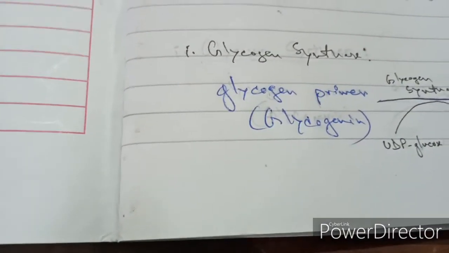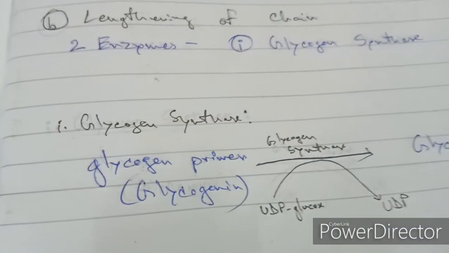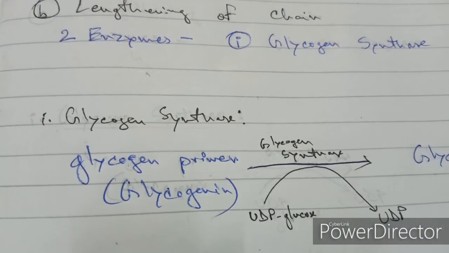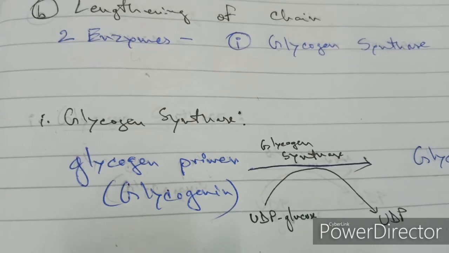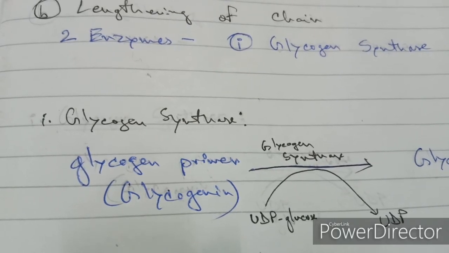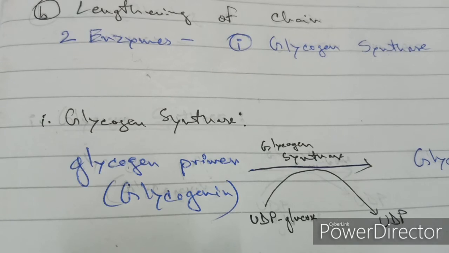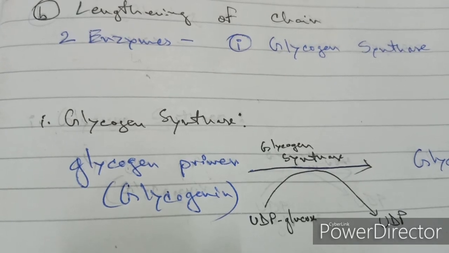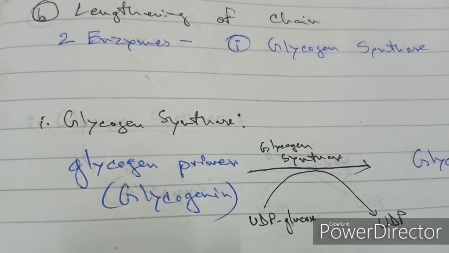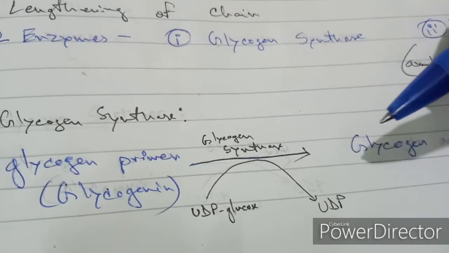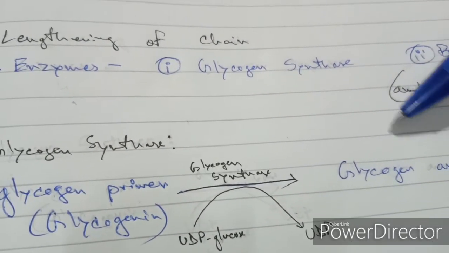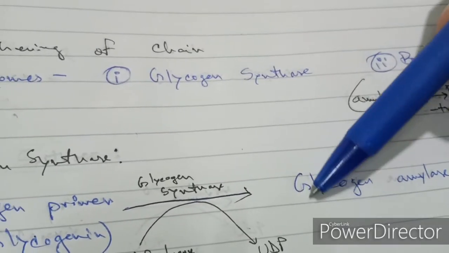Glycogen synthase is responsible for the straight chain. It requires a glycogen primer, called glycogenin, and the UDP from the activated glucose is removed here, and glycogen synthase continues to form the chain.